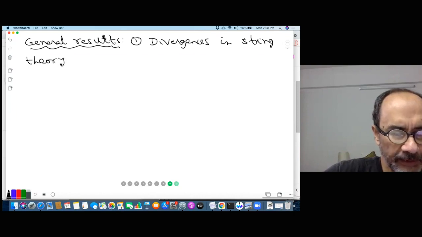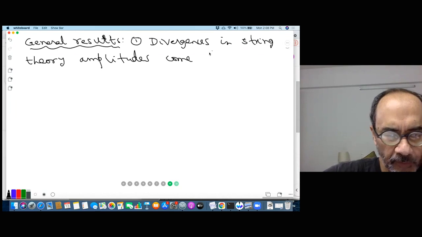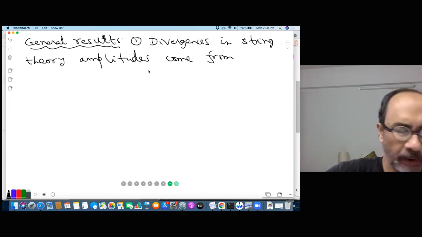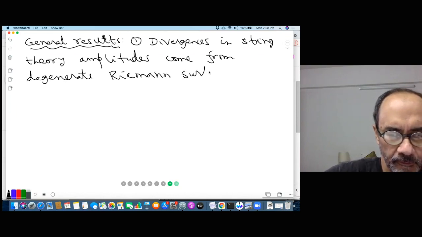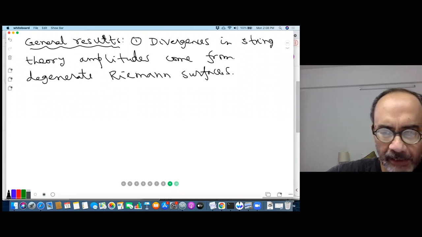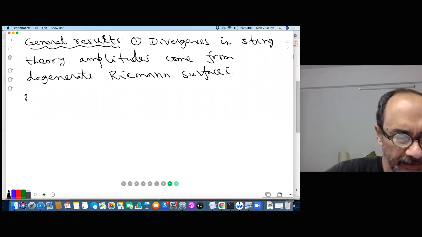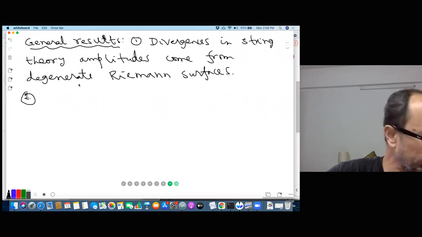But in bosonic string theory, divergences come from what are called degenerate Riemann surfaces. Okay, now you may ask, what are degenerate Riemann surfaces? So that is answered in the second part of this statement.